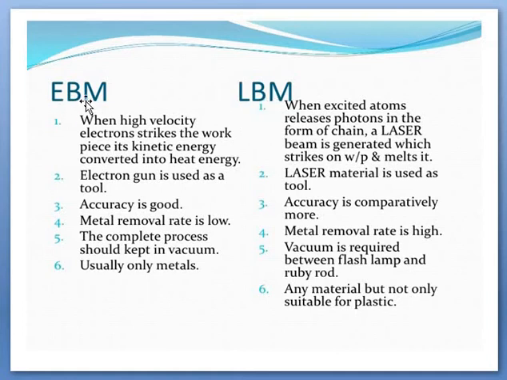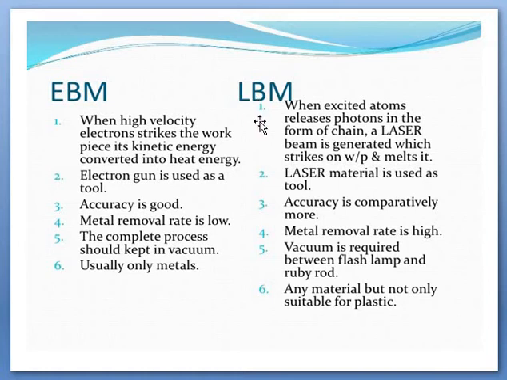EBM is electron beam machining, and LBM is laser beam machining. Both these processes are based on thermal energy. The first parameter is related to how material is removed or how energy is converted. In electron beam machining, when a high velocity electron strikes the workpiece, its kinetic energy is converted into heat energy.